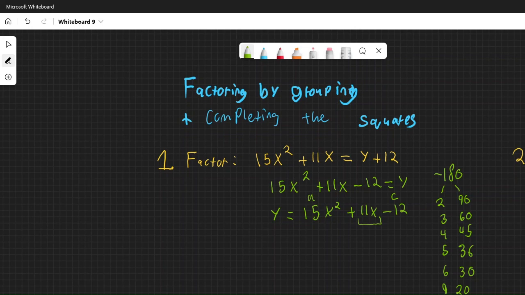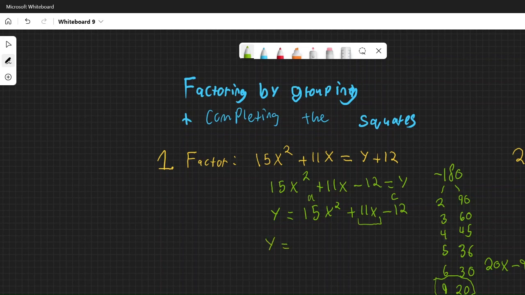But if you notice 9 and 20 over here, that can add up to 11x. So it has to add to 11x and multiply to negative 180. That means we'd have 20x minus 9x. So we're going to split this 11x into those two terms.